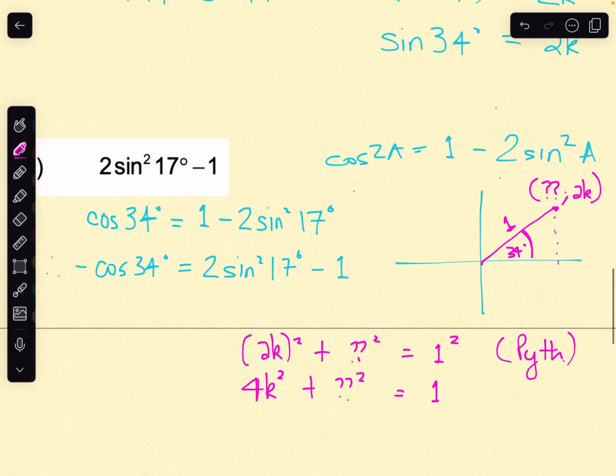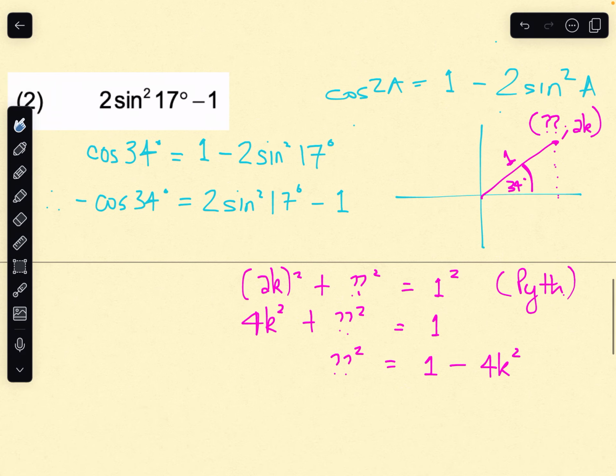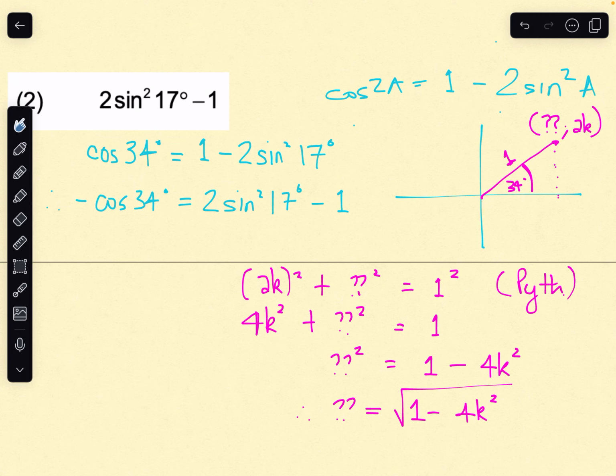And so therefore this guy is the same as 1 minus 4k squared, and so the question mark is going to be the positive square root of 1 minus 4k squared, because we are in the first quadrant, so we know that the x coordinate is positive.